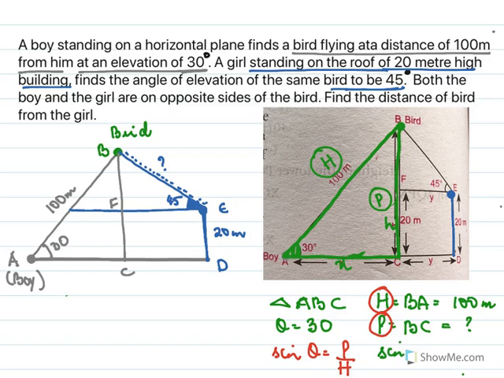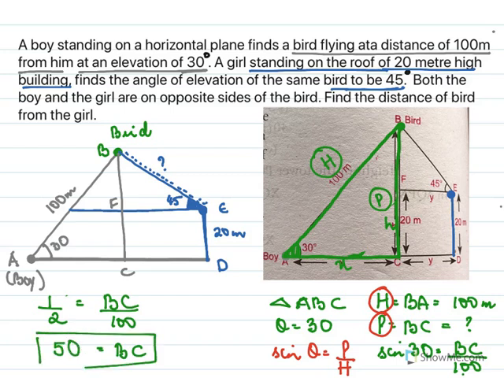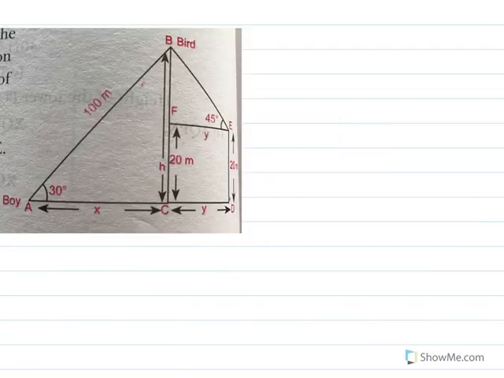So we have sine of 30 will be BC over hypotenuse 100. Sine of 30 we know is 1 by 2, is BC over 100. So your BC comes as 50. So this is one thing, BC is 50.